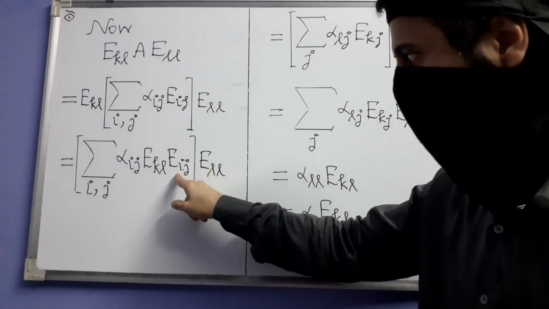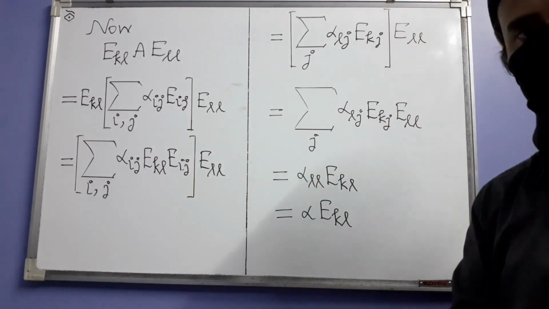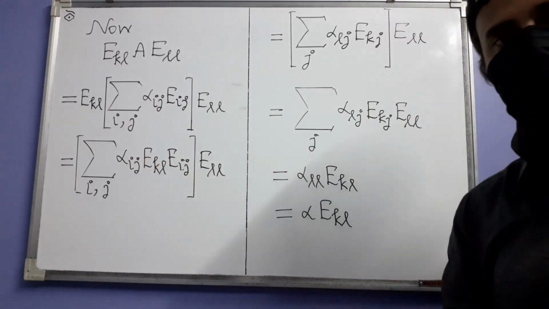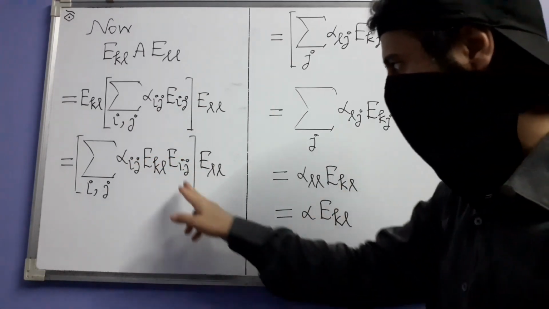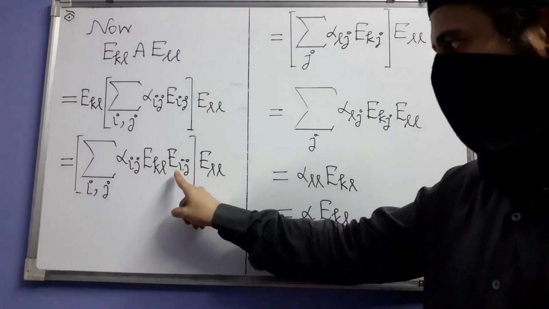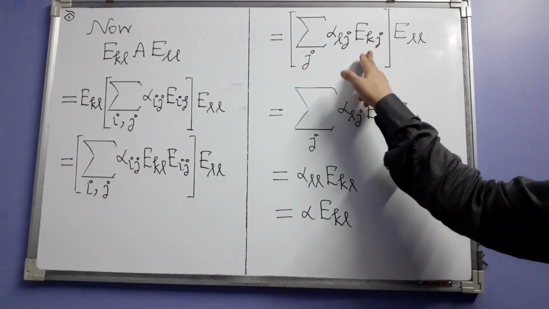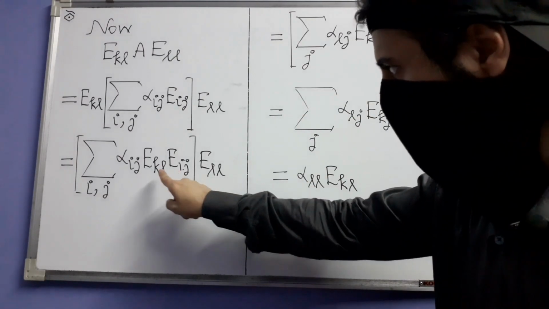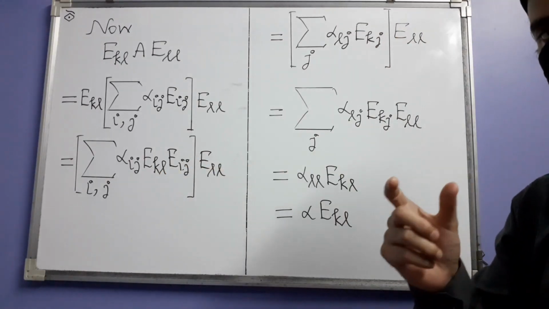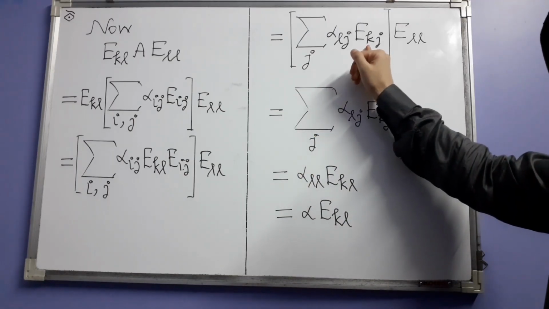That means if I is not equal to this fixed L, then these products are 0. So many terms from this linear combination are now going to vanish, namely those corresponding to the i's which are different from L. However, for those i's that are equal to L, this will happen. Because if this I is L, then you are looking at EKL, ELJ, and you know that that product is EKJ. So that way we have this.